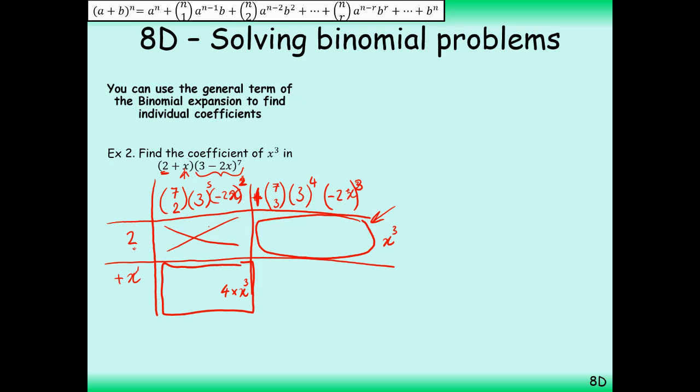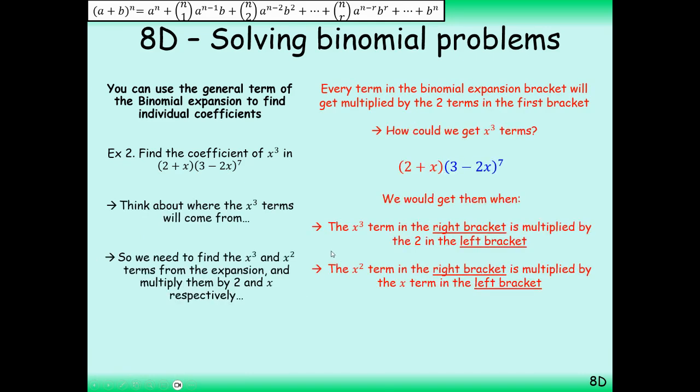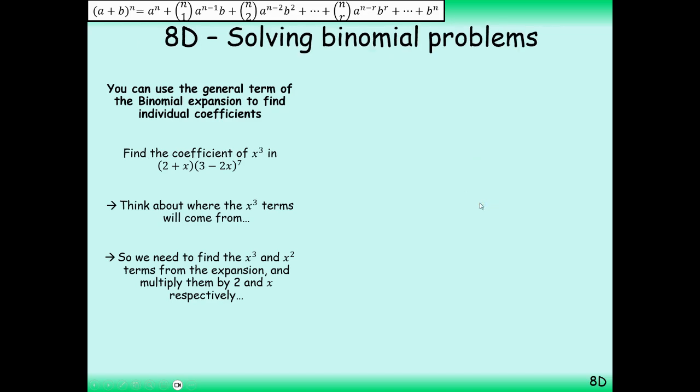So I write times 4, 3 to the power of 5, and 7 choose 2. Now I'm just going to wipe this off because this is just to show you the starting methodology, and then I'll show you a neater way of writing the same thing with my PowerPoint here. So this is just explaining to you that the right bracket and left bracket will be multiplied.